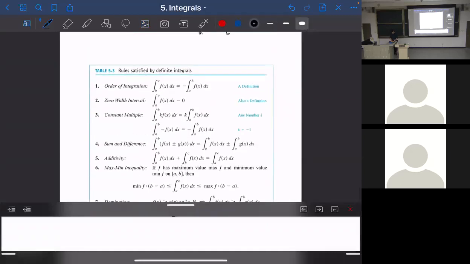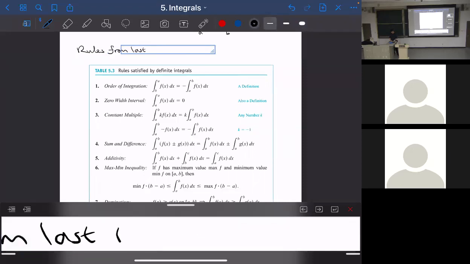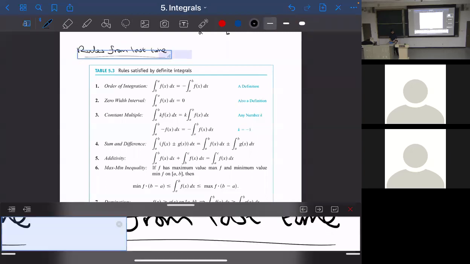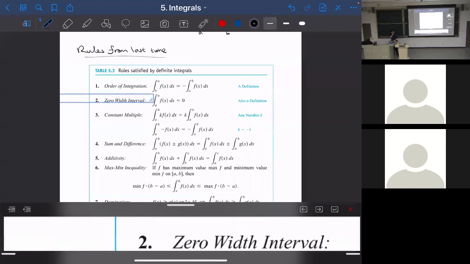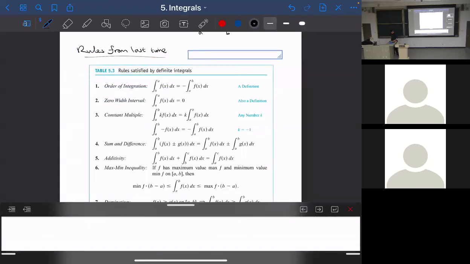Okay, so back to rules from last time. So the first is a definition that usually we integrate with a less than b.